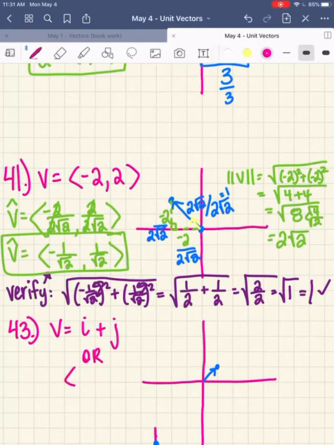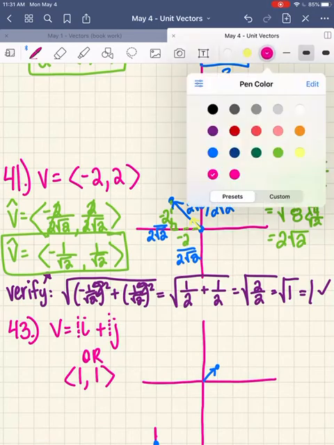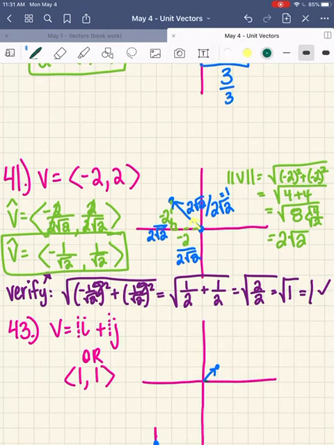Well, I goes with the X and the coefficient is a 1 here. And J goes with the Y and its coefficient is 1, 2. And they're both positives because there are no negatives. So notice I went over to the right 1 and then up 1. So here's my right triangle. So is it a unit vector?